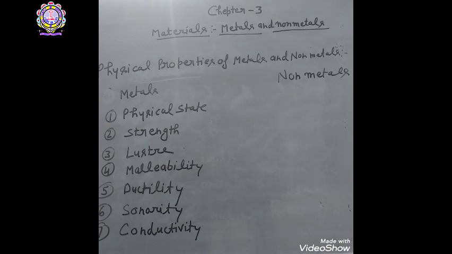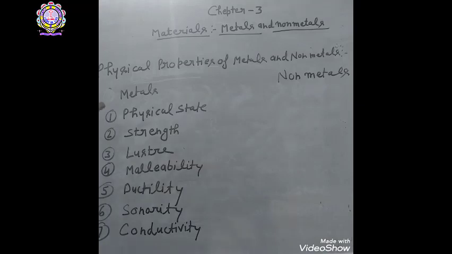Non-metals normally occur as solids and gases at room temperature. Some solid non-metals are carbon and sulfur, and gaseous non-metals are oxygen and nitrogen. Only one non-metal exists in liquid form, bromine. Bromine is found in liquid form.